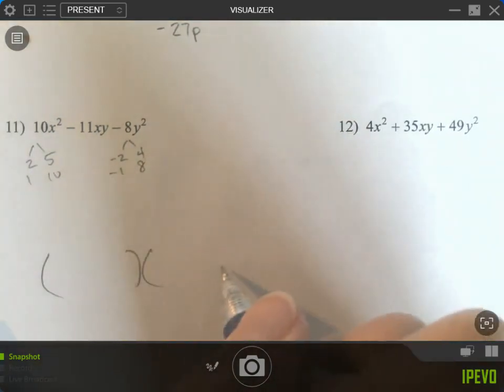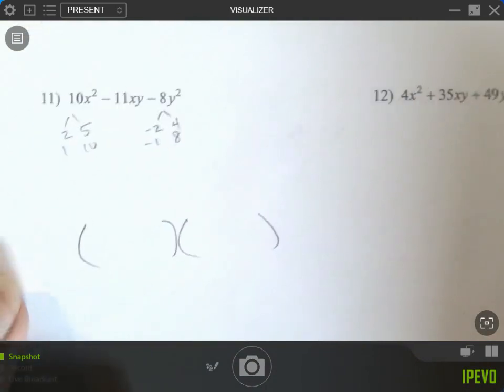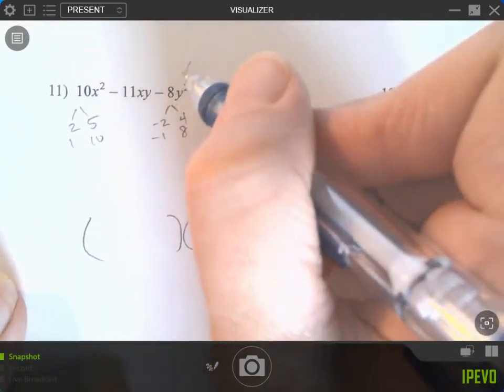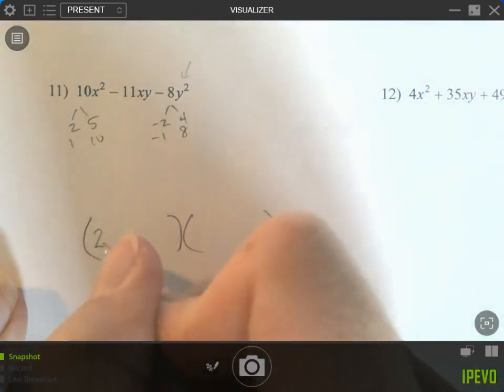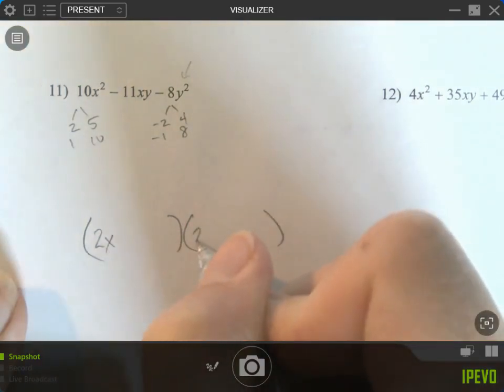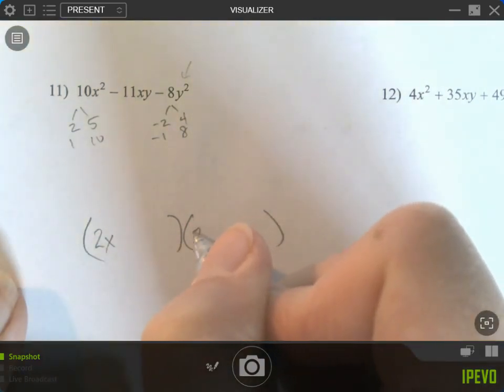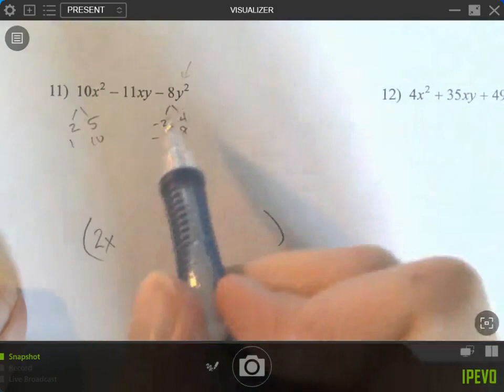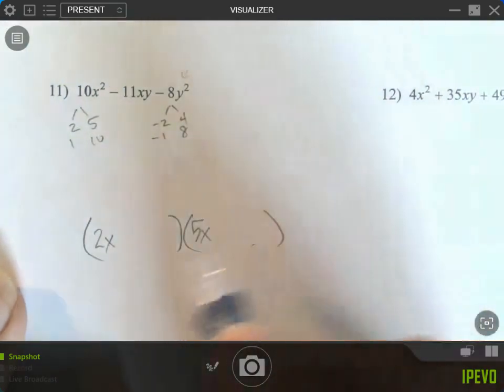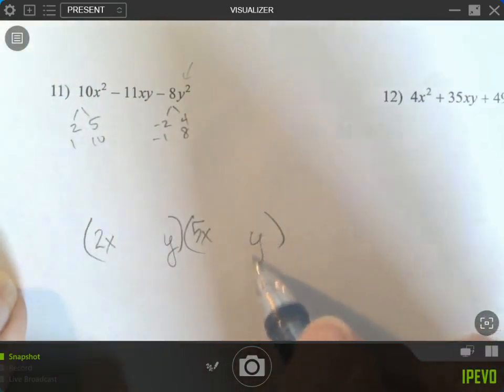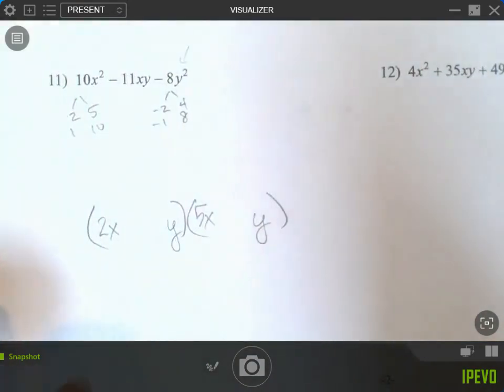What's different though, guys? The variable. So you're going to have a 2x and a 5x. But instead of just having a negative 2 and 4 when I try it, I need to have it with the y. Now I said I'd give you a minute to try it, but let me help you out.